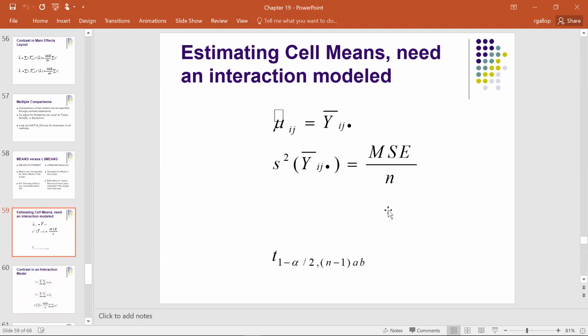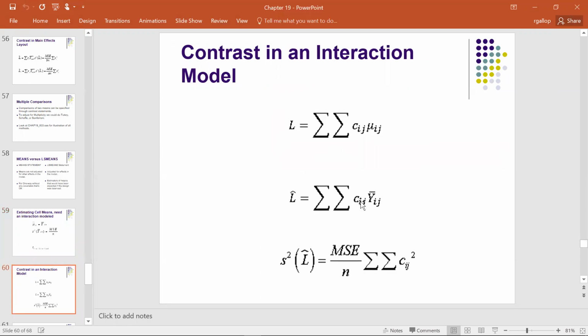So again, we estimate the cell means for each of the interactions. The cell mean is the mean of the data within the cell. The variance of that is a function of the MSE divided by the cell size, and then there's the t linked to it. Now we can form contrasts of these cell means, which is what we want to do next.